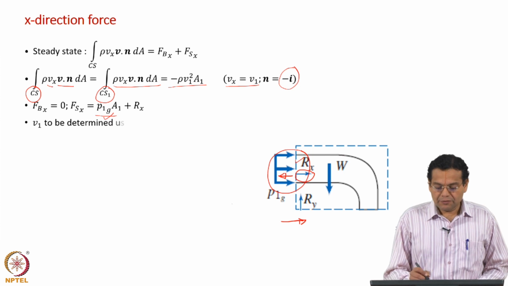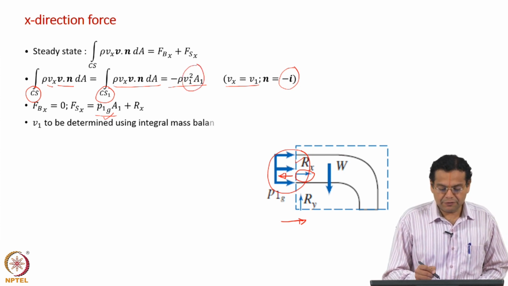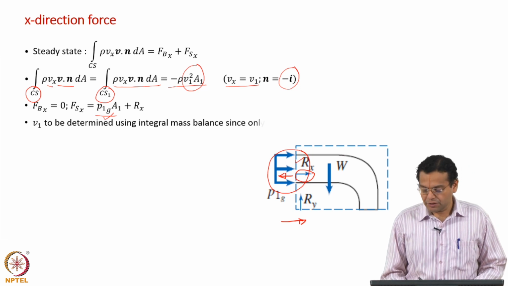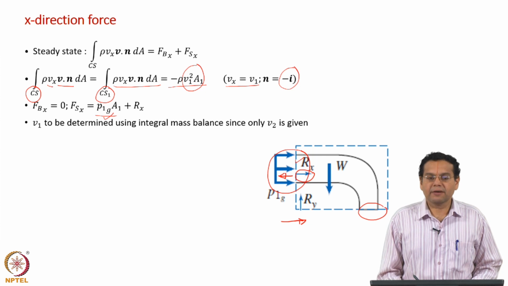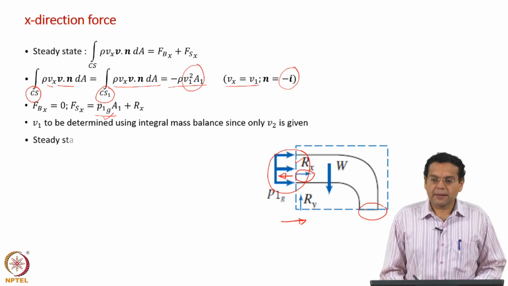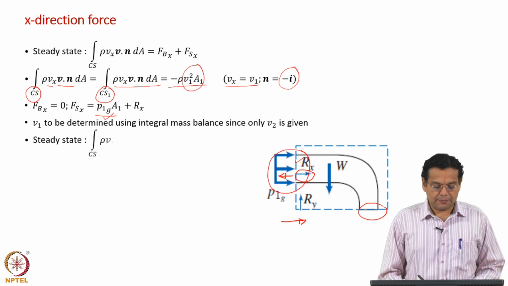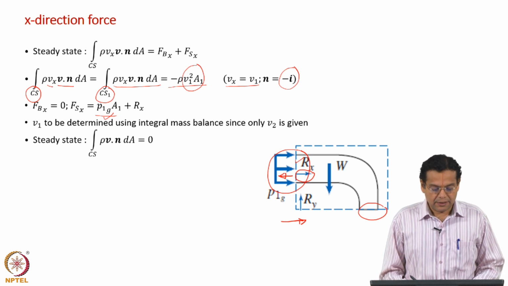Now, we have this convective momentum in terms of v1, but what we are given here is a velocity v2, which was given as 16 meters per second. So, we do an integral mass balance. This example in fact involves both integral mass balance and momentum balance.